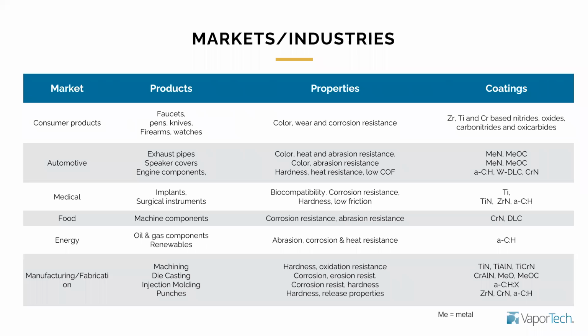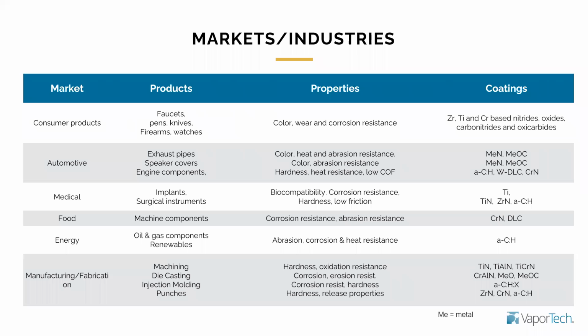And more intuitive are engine components, where you need hardness, heat resistance, and low coefficient of friction. Some of the more obvious coatings we have there are the standard DLC, tungsten DLC, and chrome nitrides, which are regularly used as engine components.